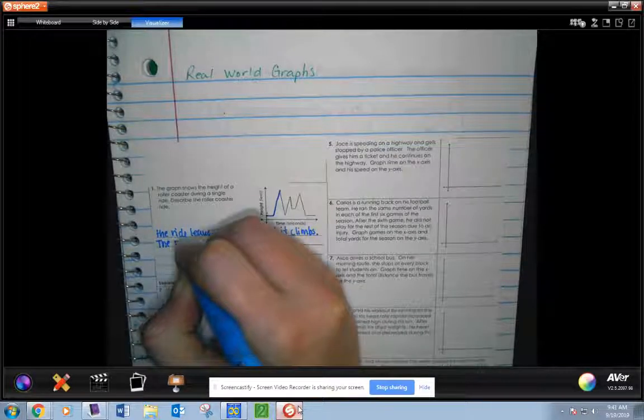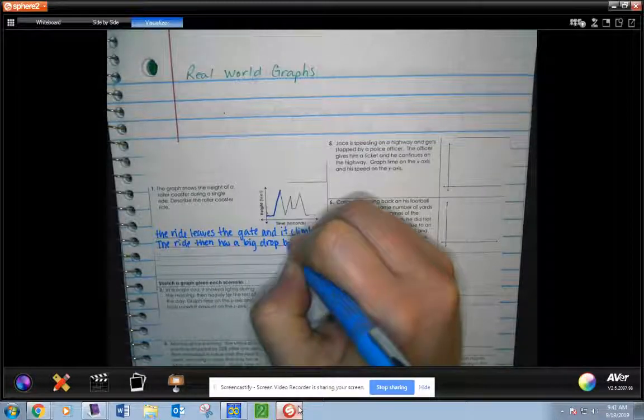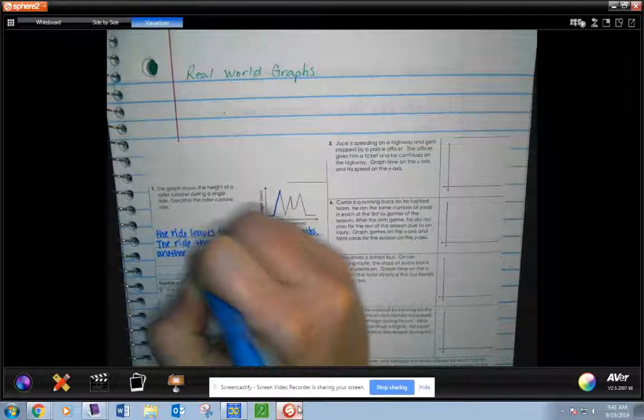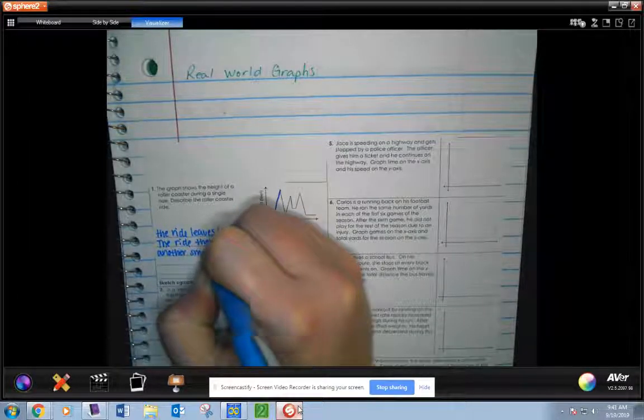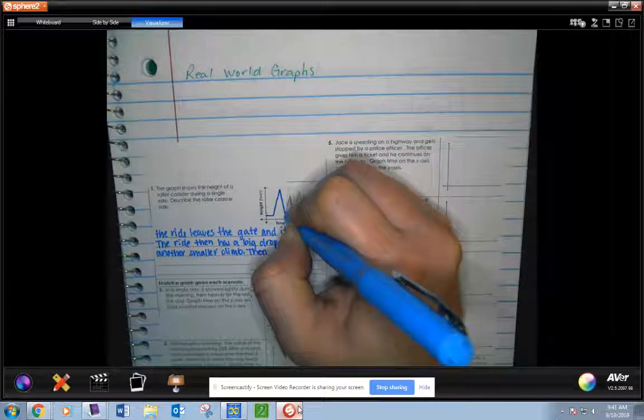The ride then has a big drop before another smaller climb. So there's the big drop, smaller climb.